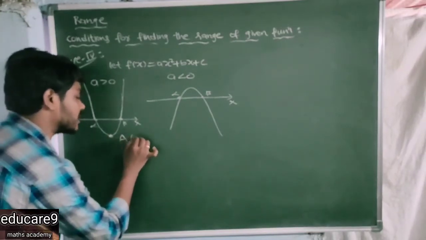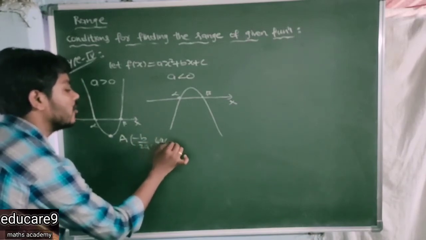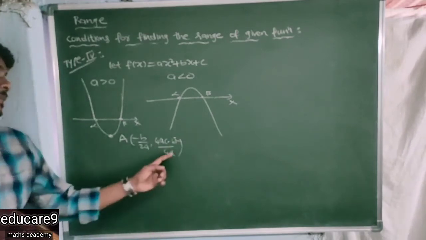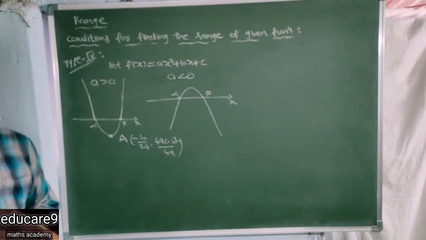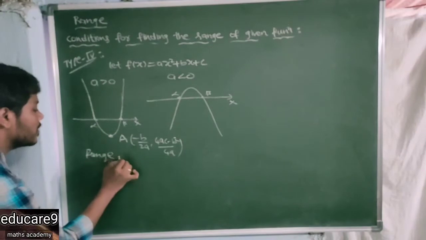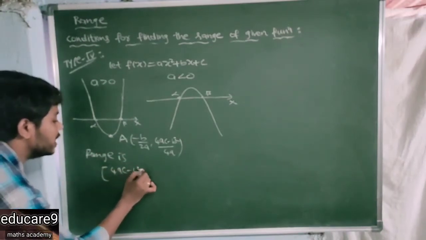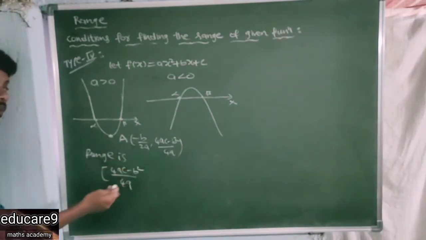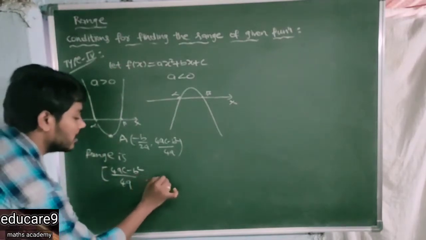So clearly the vertex of the parabola is minus b by 2a comma 4ac minus b square by 4a. So this minimum value occurs at minus b by 2a. Therefore the range is the closed interval 4ac minus b square by 4a to infinity. This is the minimum value, but here you can't say the maximum, that's why you write infinity.